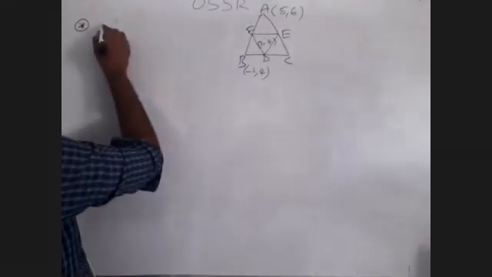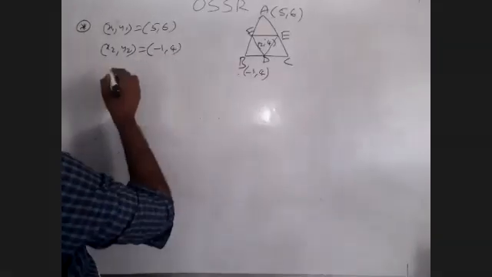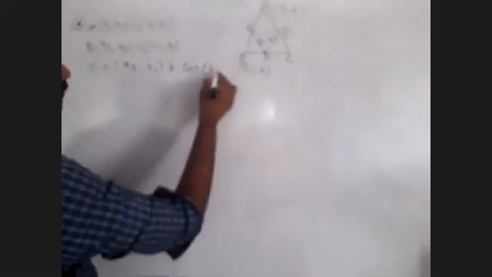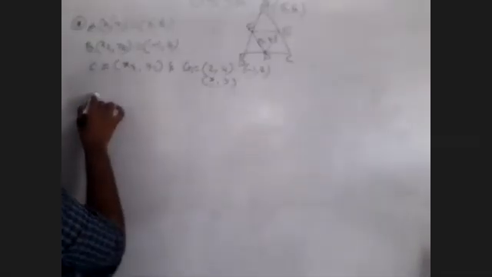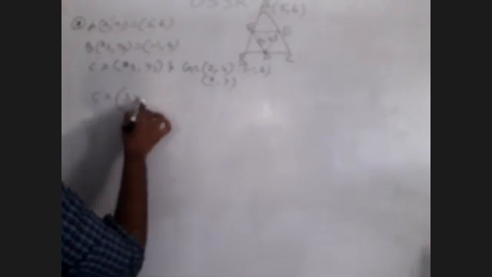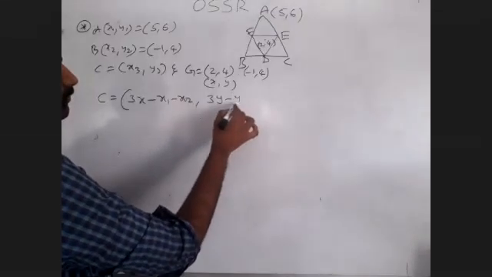Let (x1, y1) be (5, 6), (x2, y2) be (-1, 4), and the third vertex C be some (x3, y3), and the centroid G be (2, 4), taking it as some (x, y).